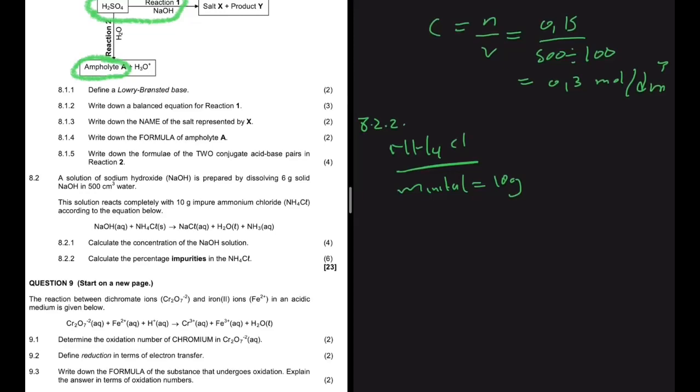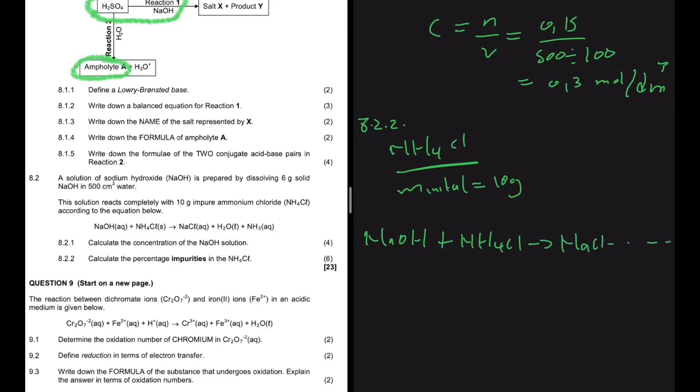What information do we have? Let's write our equation. NaOH plus NH4Cl is giving us NaCl and so on, right?